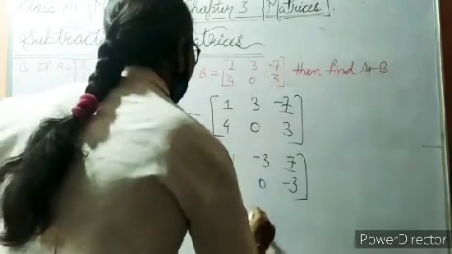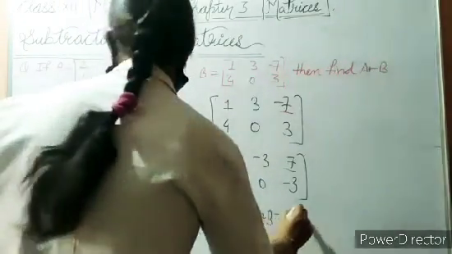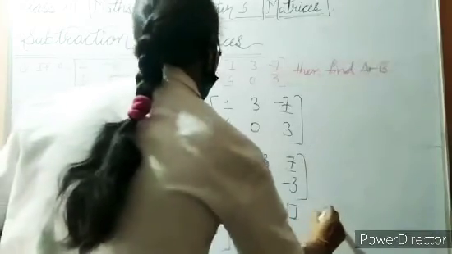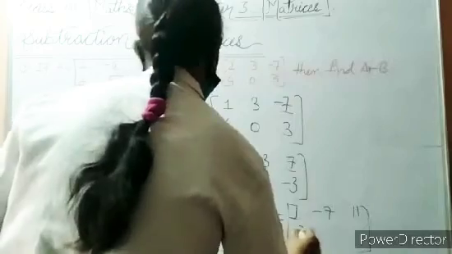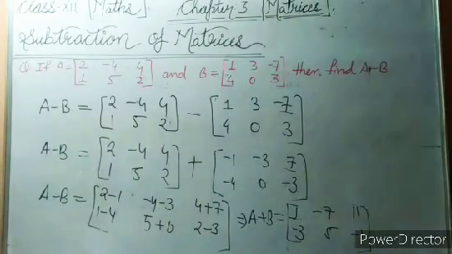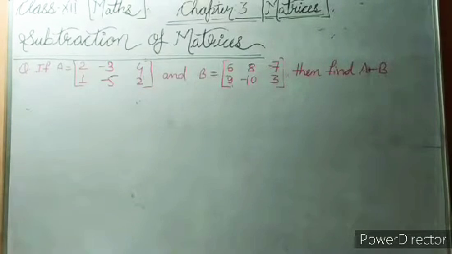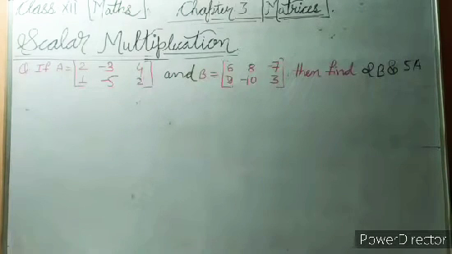So it will become [1, -7, 11; -3, 5, -1]. It is your answer. So if you learn how we add, then you will easily find how to subtract. So now we move to our next topic, scalar multiplication.